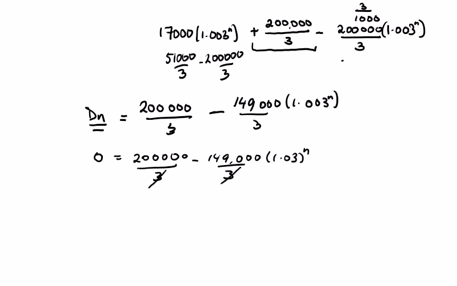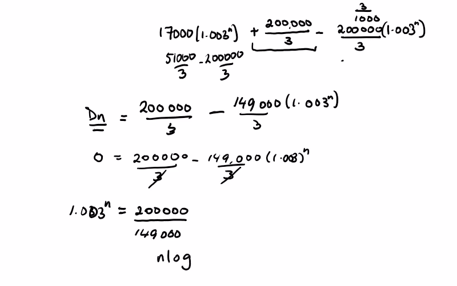Multiplying both by 3 and bringing the 149 to the left to make it positive, we'll have 200,000 on the right divided by the 149 on the left, and that leaves 1.003 to the power of n equal to this.